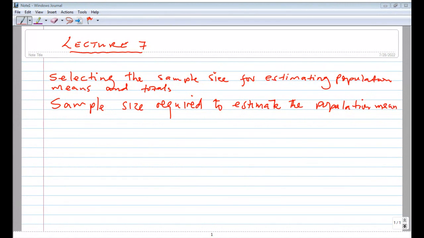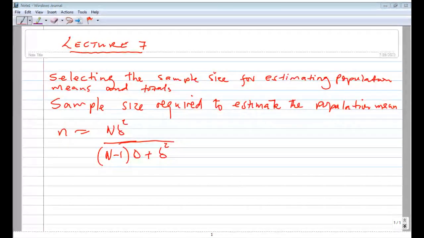If you want to calculate the sample size required to estimate the population mean, you have to use small n, which is equal to N sigma squared divided by (N minus 1) times D plus sigma squared. So this is the formula that you can use to calculate the sample size required to estimate the population mean.